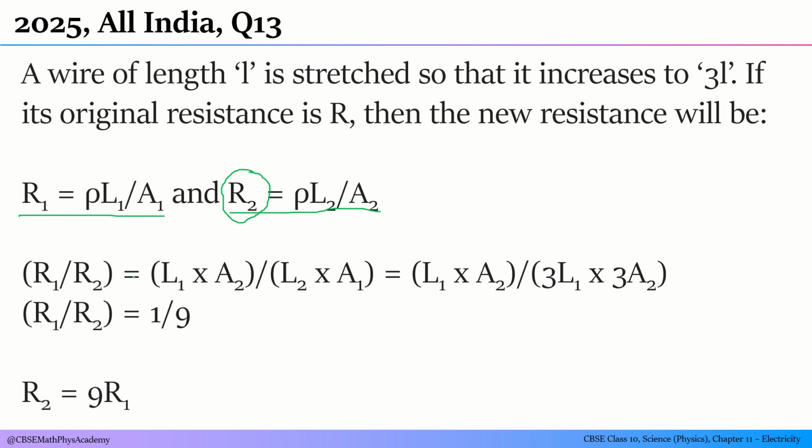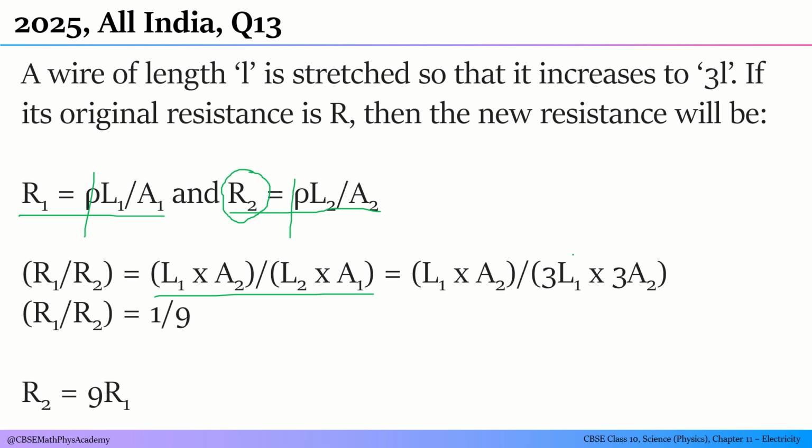R1 by R2 is equal to rho and rho get cancelled, and you have L1 by A1 divided by L2 by A2, which upon simplification becomes L1 into A2 by L2 into A1. Now you substitute the values.